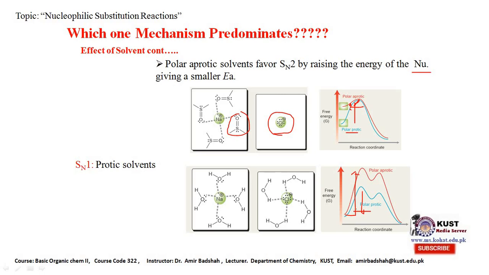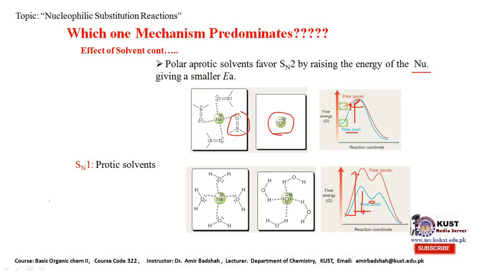Why is it so? Because the polar solvent stabilizes the carbocation which is formed as a result of the reaction, and it also stabilizes the nucleophile. But when the carbocation is formed here, it is stabilized more by the polar protic solvent compared to the polar aprotic solvent.